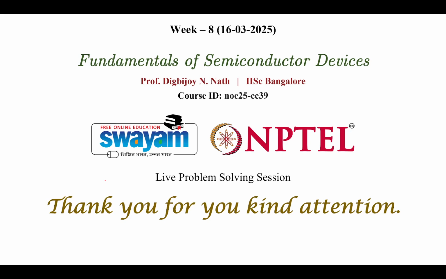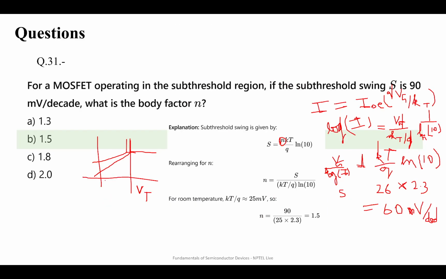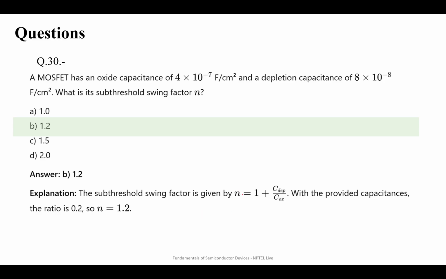Sir, one more time for the last slide. Can you explain the relation between subthreshold swing and the swing factor? You have said that if we reduce the swing factor... So there is a relation between subthreshold swing and the factor. The factor n is given by 1 plus C dep by C ox.